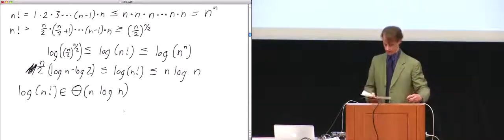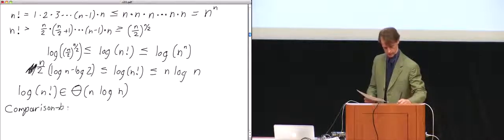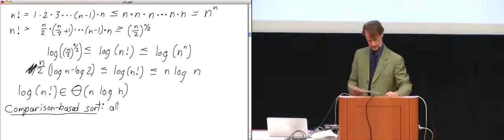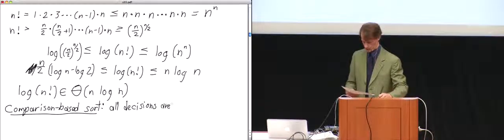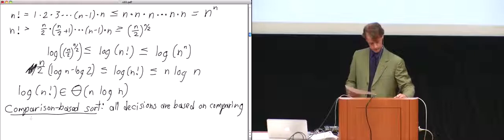To see where we're going to get there, I need to define what a comparison-based sort is. A comparison-based sort is one where all decisions are based on comparing keys. And usually those comparisons of keys are done in if statements.